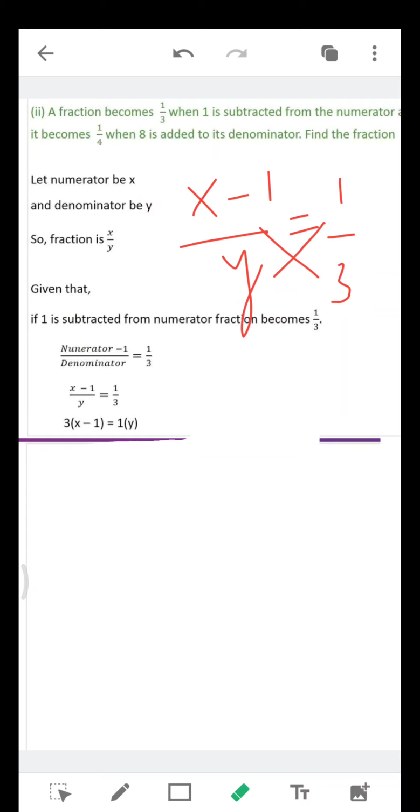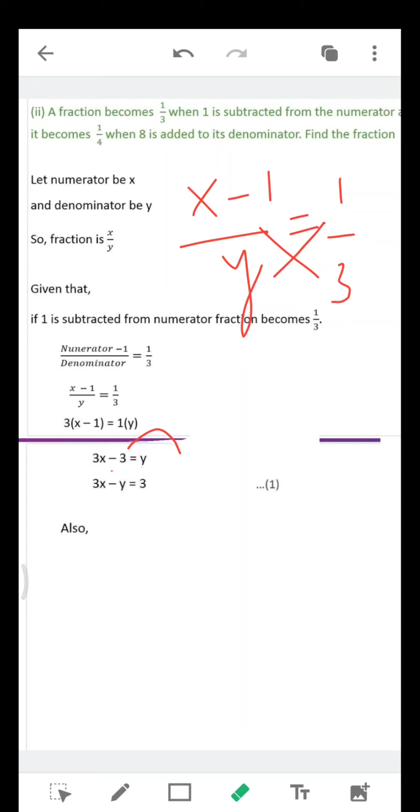If I open the bracket, 3x minus 3 is equal to y, and if I write it in standard form, 3x minus y is equal to 3. We'll take the constant on one side and variables on the other side. This is our equation number 1.